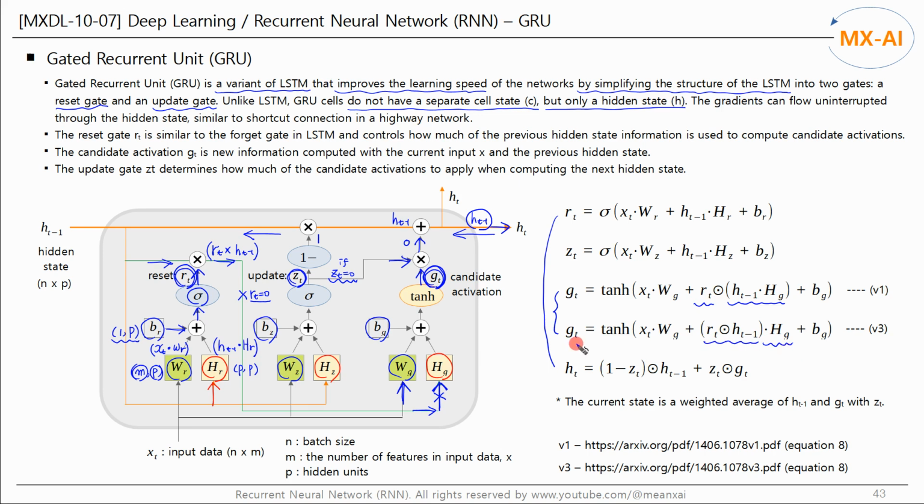The left figure shows the second method. This document uses this formula, and this document uses this formula. HT is computed in this way. This is 1 minus ZT times H of T-1.